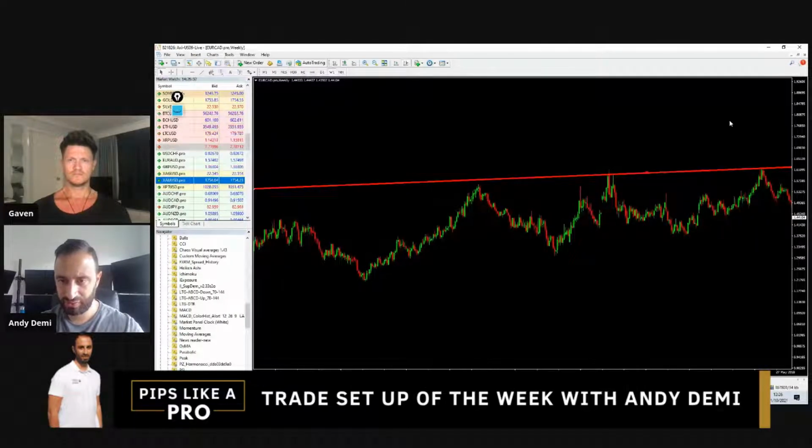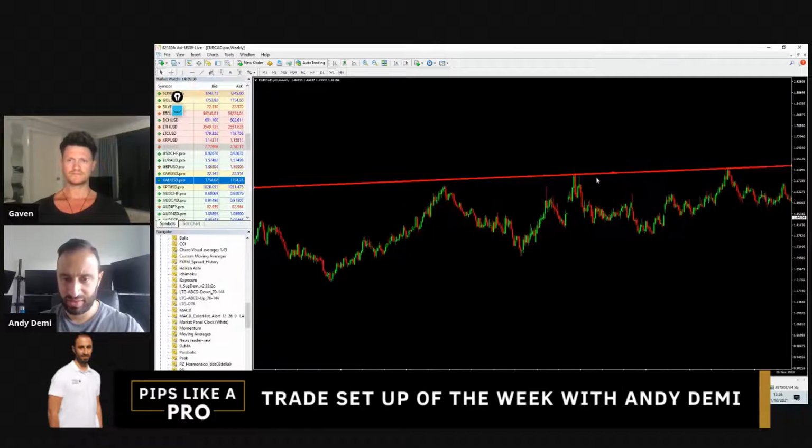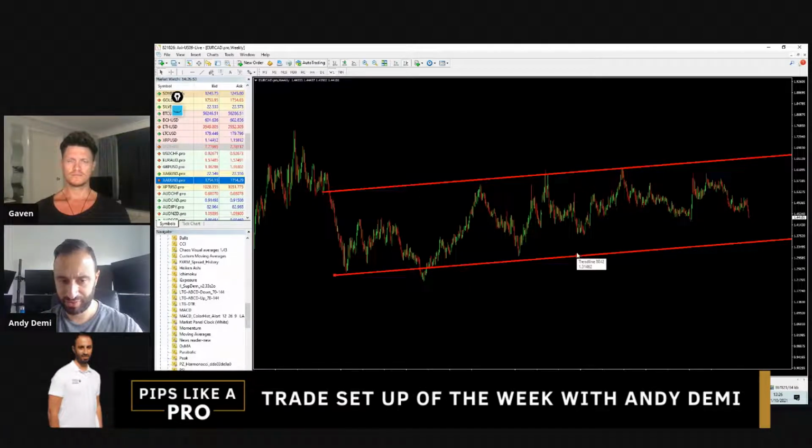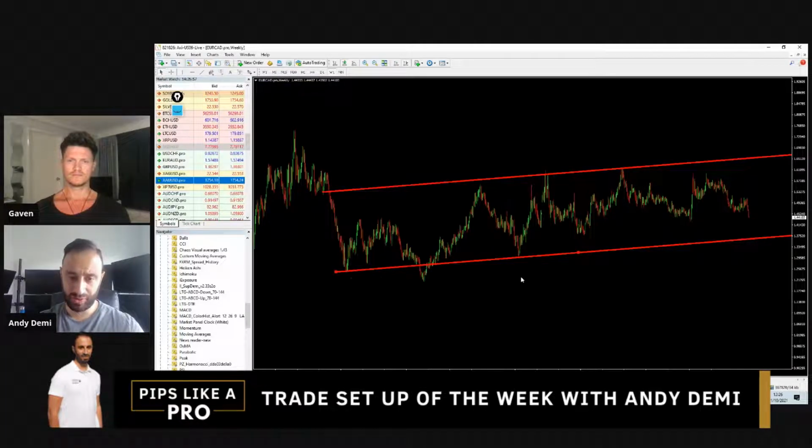Nice 1, 2, 3 touch, and even a fourth touch there. That's pretty decent. So we can play around with this line and see if it will also align with other parts of the chart. Here's a nice 1, 2 touch, and then we'll put this up here as well.